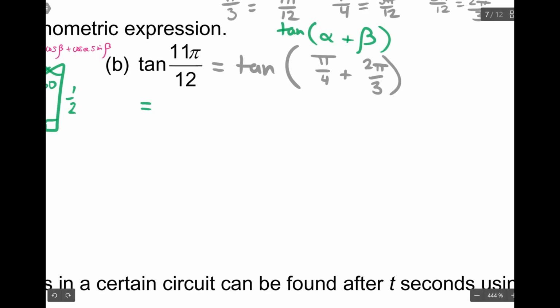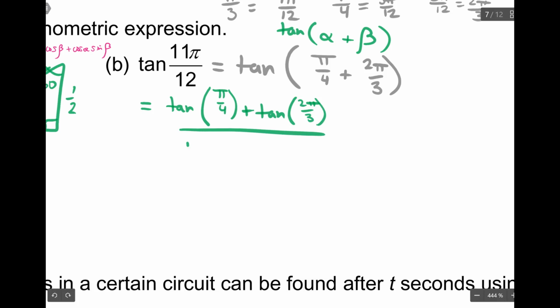This is equal to tangent of alpha, so it's pi over 4, plus tangent of beta, 2 pi over 3, over 1 minus tangent pi over 4 times tangent 2 pi over 3.